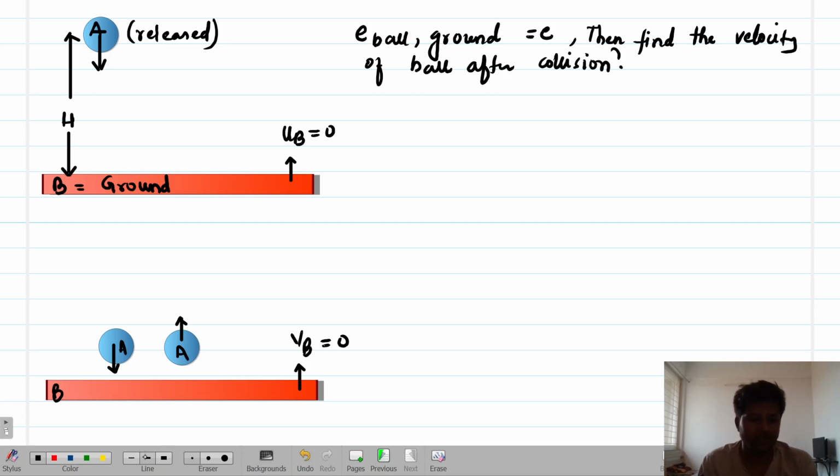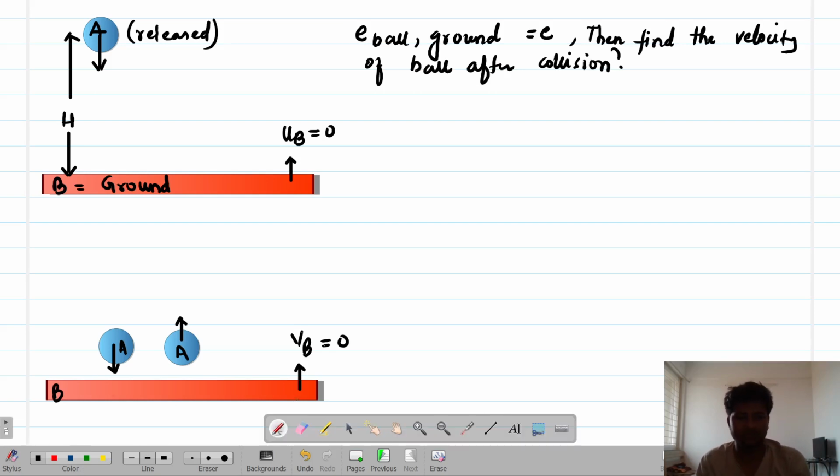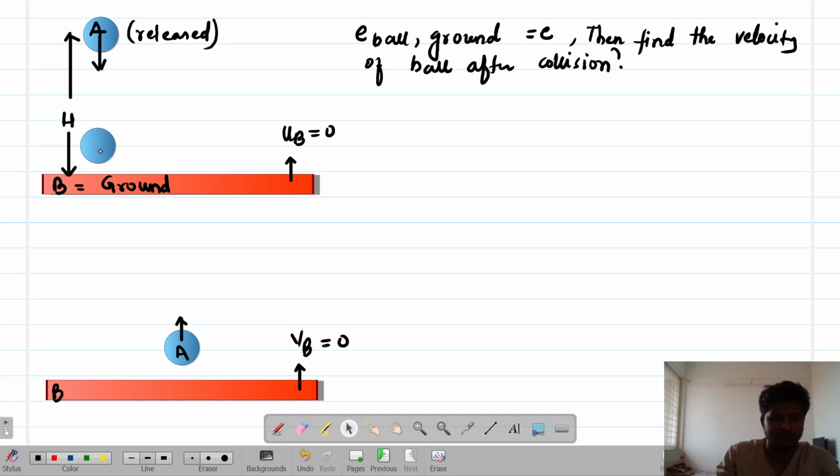Actually, for U of A, you do not have to consider this. Let me erase this thing over here. Actually, it should be brought over here. This ball attains the velocity just before hitting the ground, isn't it?